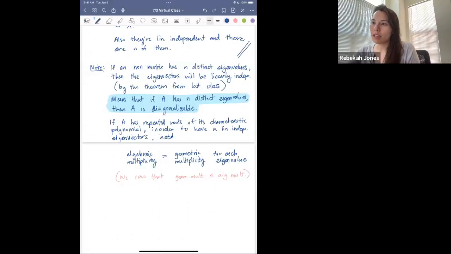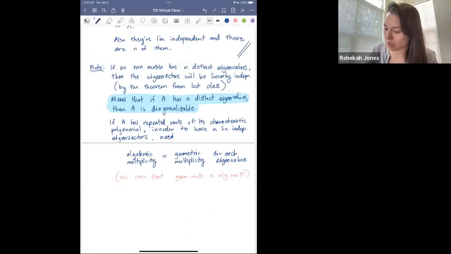So let's get into some examples where we actually diagonalize a matrix, right? Let's start off by diagonalizing a 2 by 2.